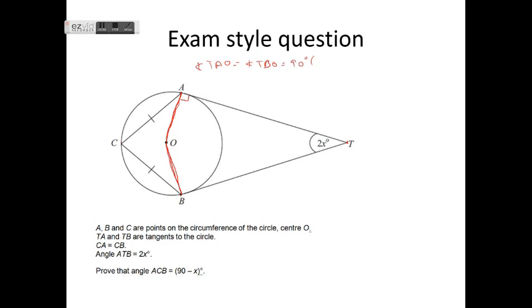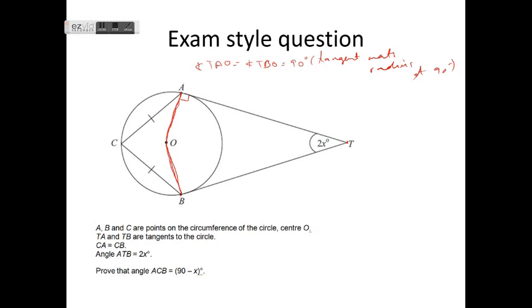So we are going to say angle TAO is equal to angle TBO is equal to 90 degrees.